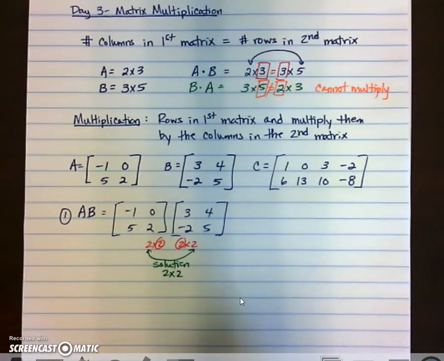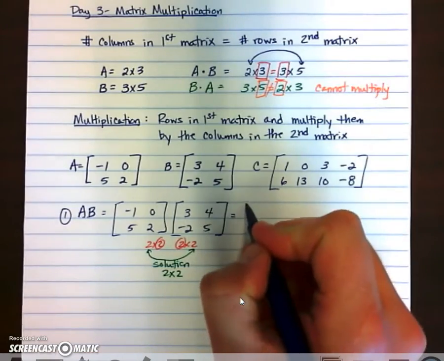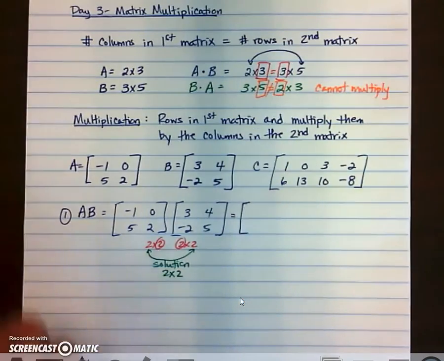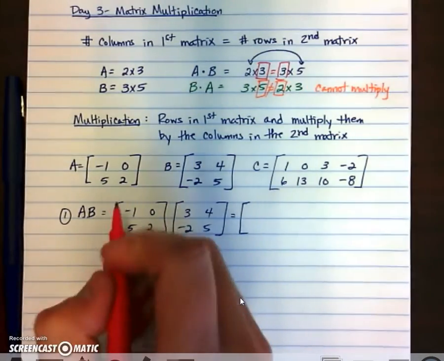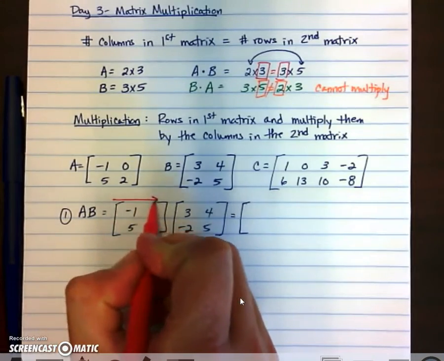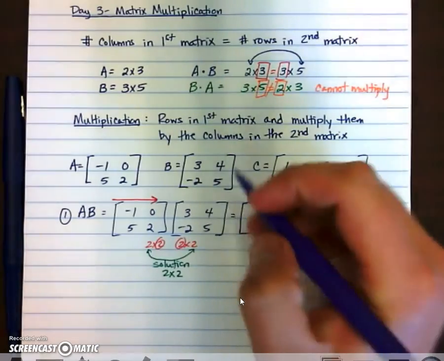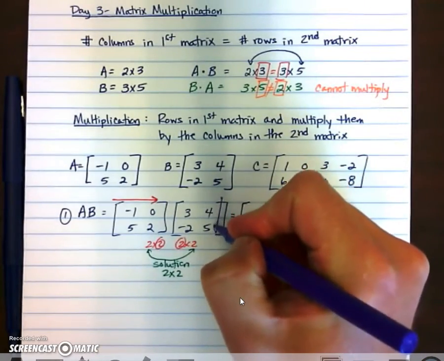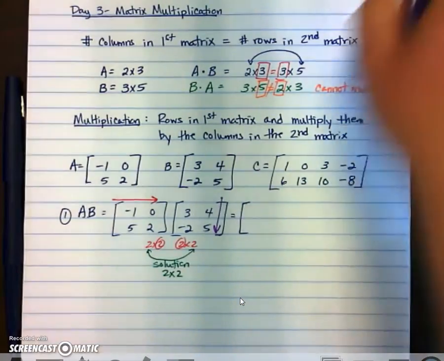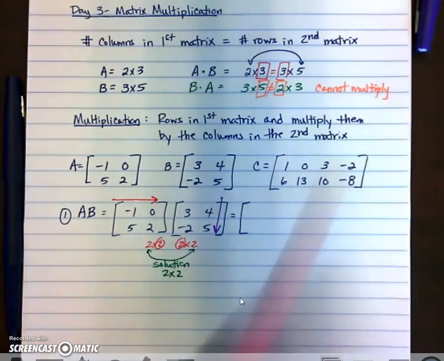Okay? All right, so when we go to multiply this out, in the first matrix here, we're only going to deal with rows. So we're going to look at rows going in that direction. And in the second matrix, we're only going to deal with the columns. Okay? Now here's the way we do this.